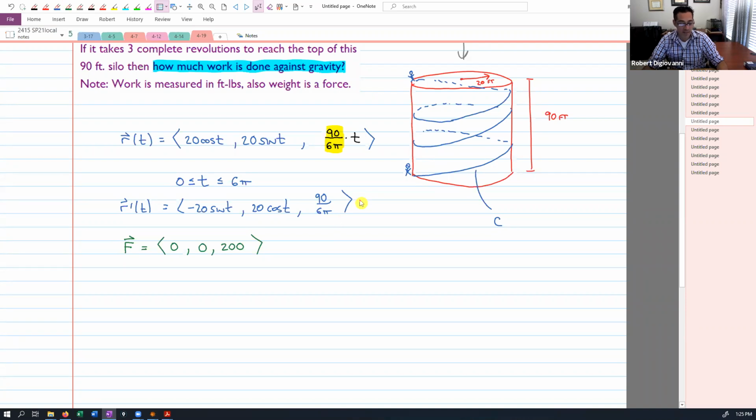So now we set up the integral, and I'm going to use this formula: integral a to b, F evaluated on the curve r of t, dotted with r prime of t, dt.